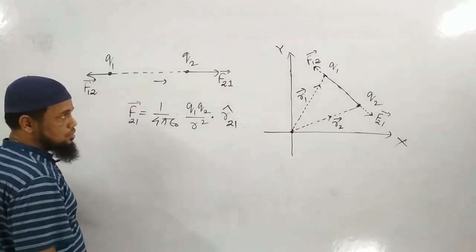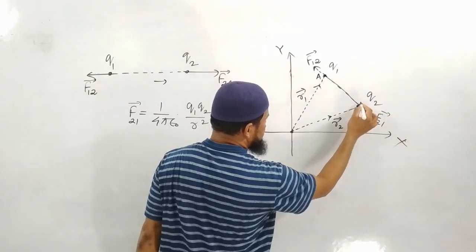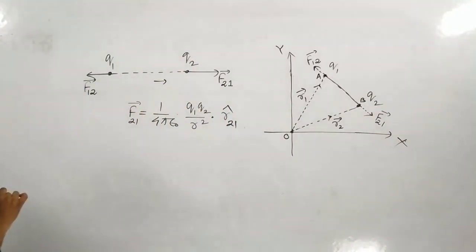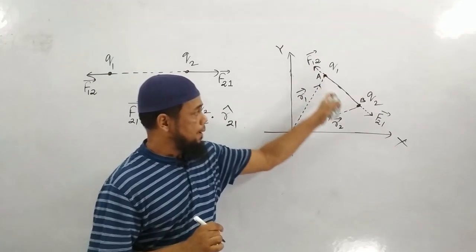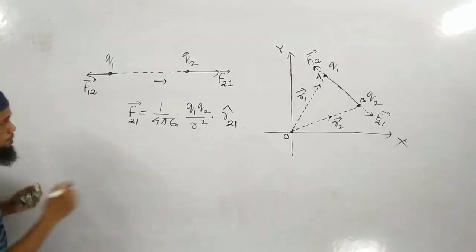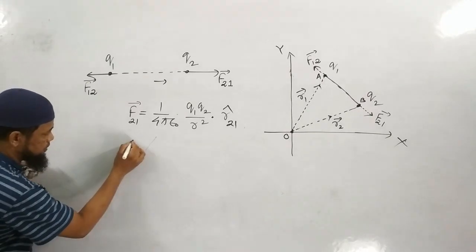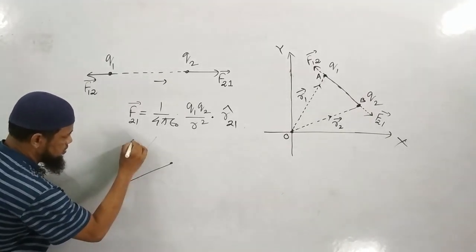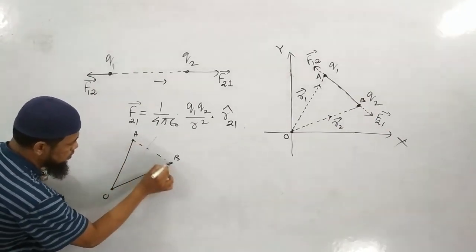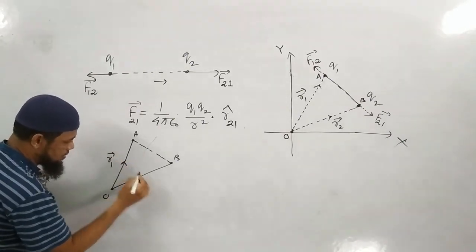So if I call this particular point A and this particular point B and this particular point O, then we have got a triangle OAB. Let me draw the triangle first. I'll now use the triangle law of vector addition. This particular point is A, this is B, and this is O. This is R1 bar.